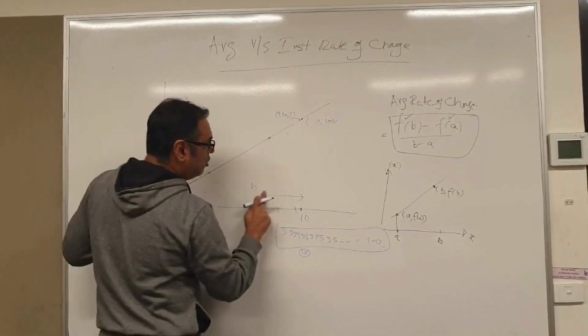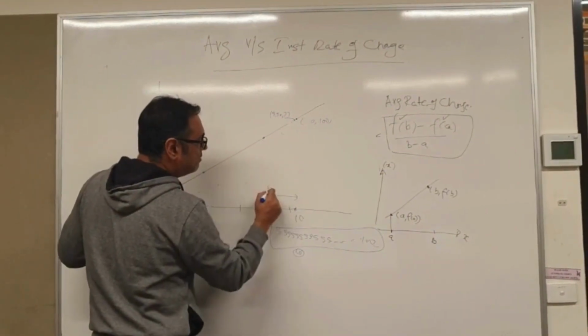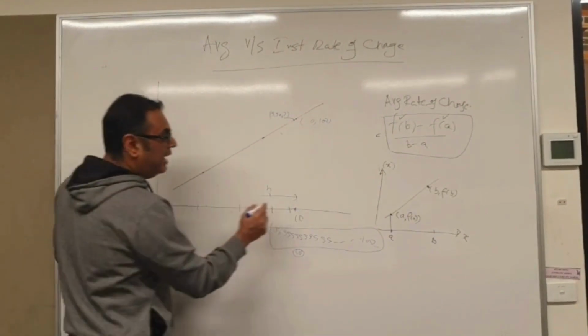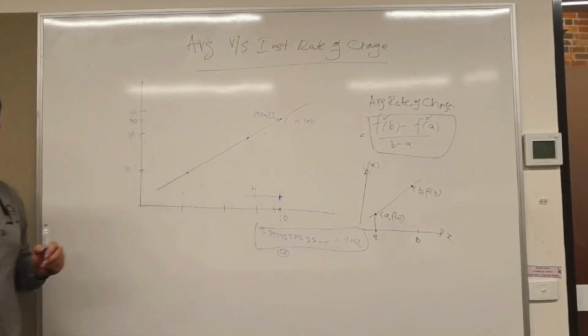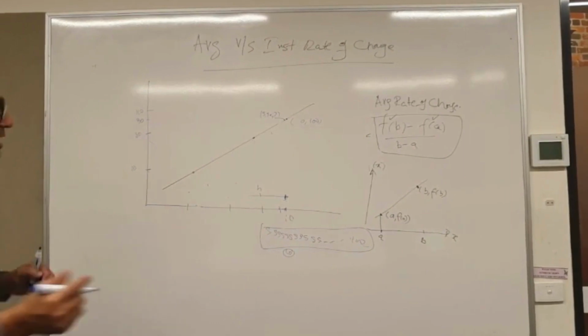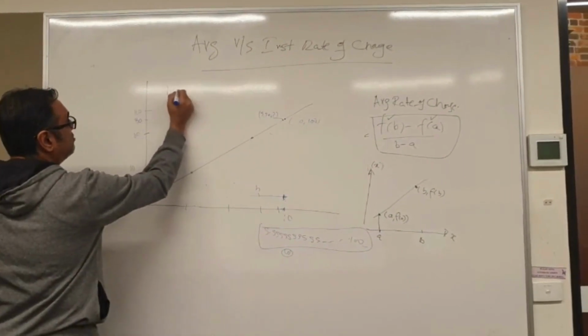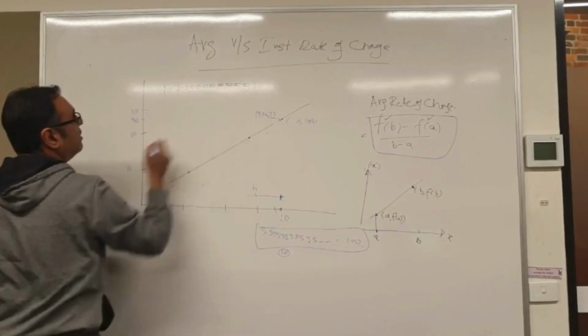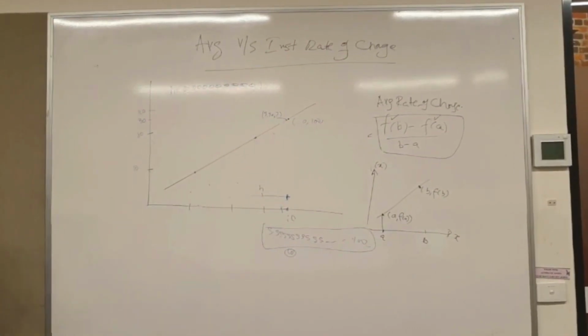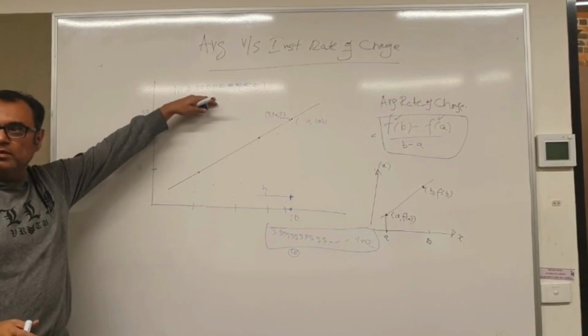When I came even closer, I reduced the h even further. And when I was so close here, h would be the distance between the 2 points. H might be 0.000000001. The distance between the 2 points is almost 0.